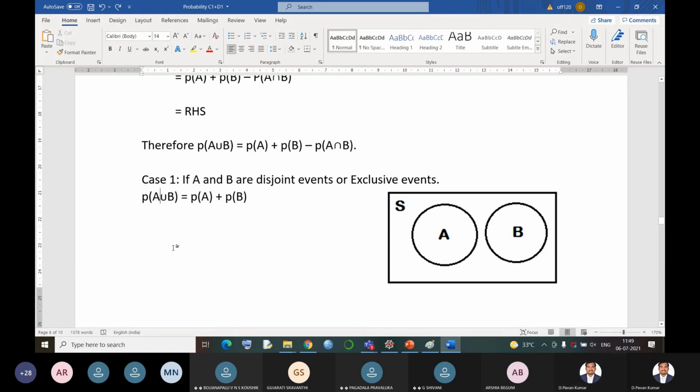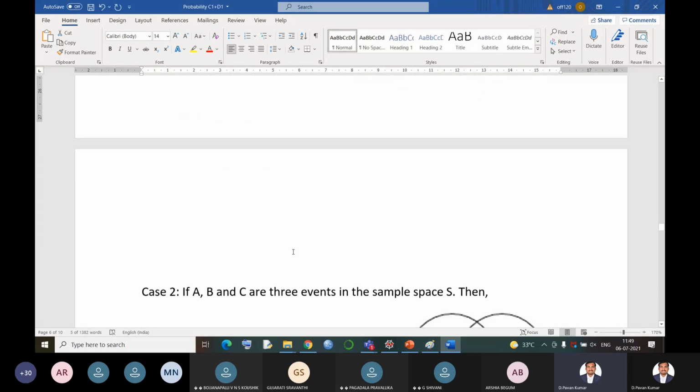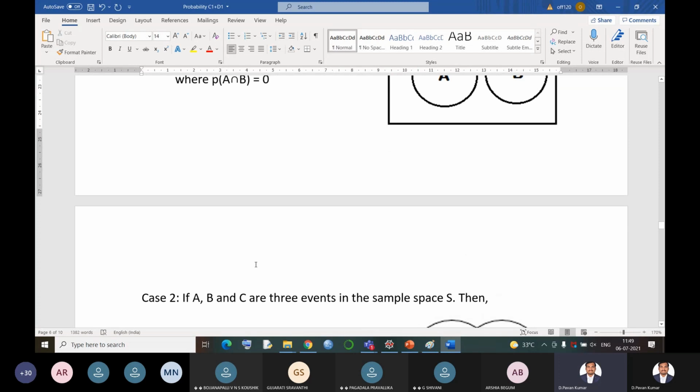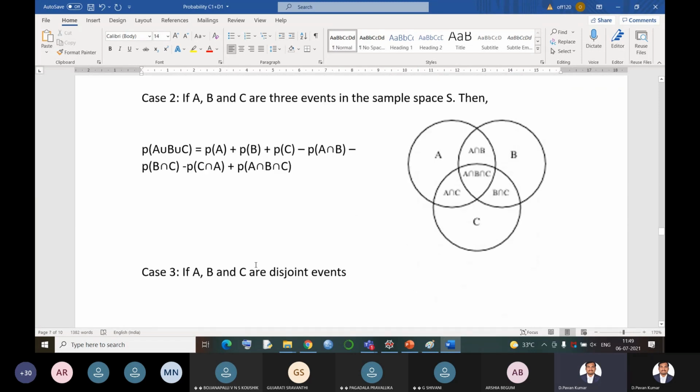Because P of A intersection B is equal to 0 here. Since there is no intersection point, P of A intersection B becomes 0. So once you substitute 0 here, we get P of A union B is equal to P of A plus P of B, when A and B are exclusive or disjoint events.